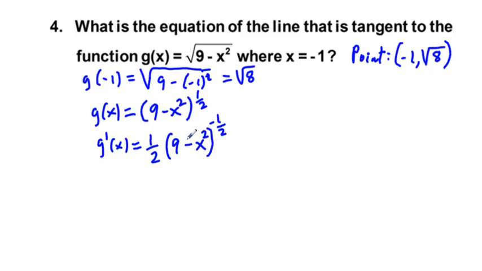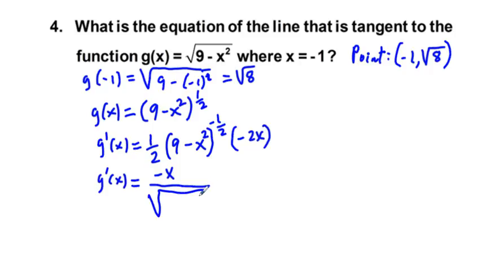What's the derivative of 9 minus x squared? Well, that's negative 2x. And so rewriting this, negative 2x over 2 simplifies to negative x, and then 9 minus x squared to the negative 1/2 power is 1 over the square root of 9 minus x squared.